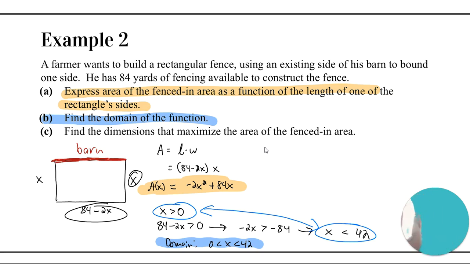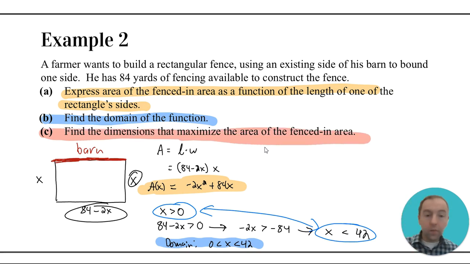And then the last part of this is asking us to find the dimensions that maximize the area of this fenced-in area. So figure out what's going to give us the most possible amount of green space to put in this fence. If we look at the function that we're using right here, this function is a quadratic function because we can see that the highest exponent on x is a 2.